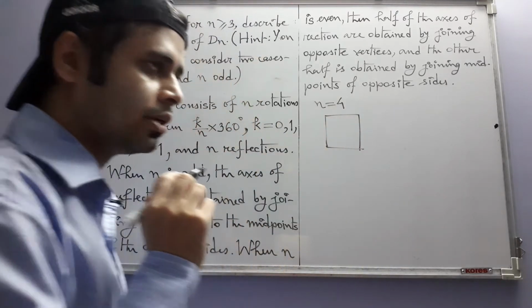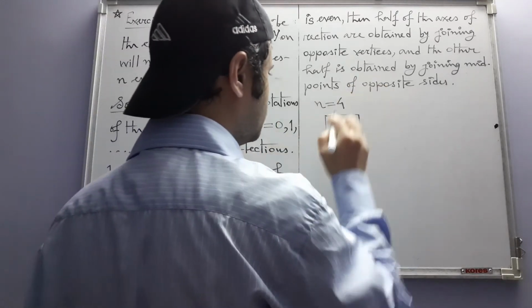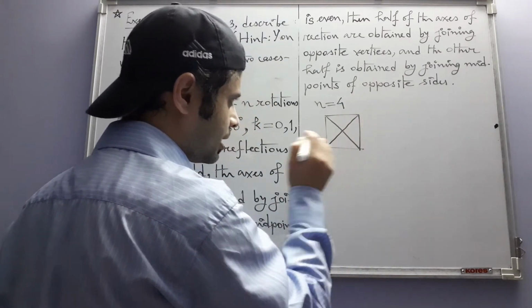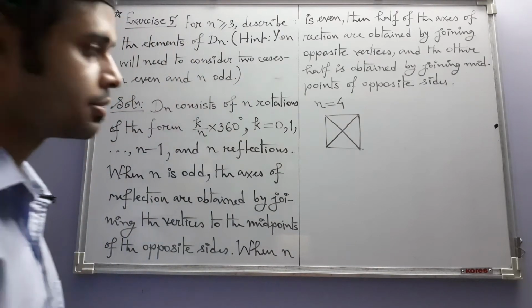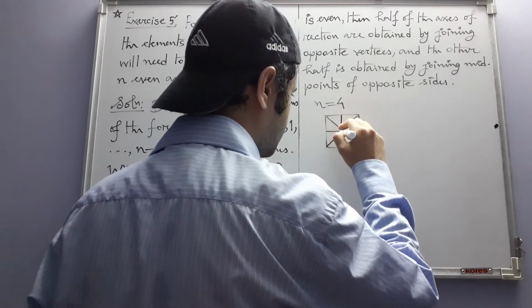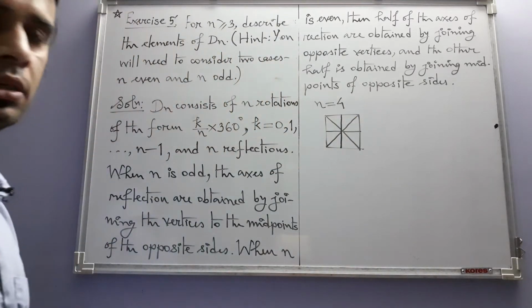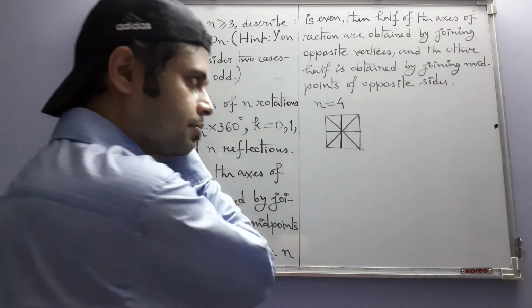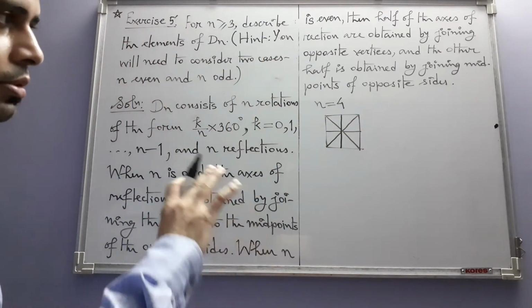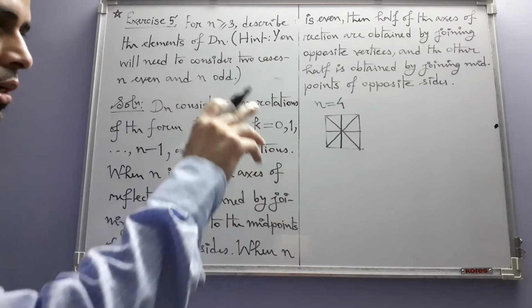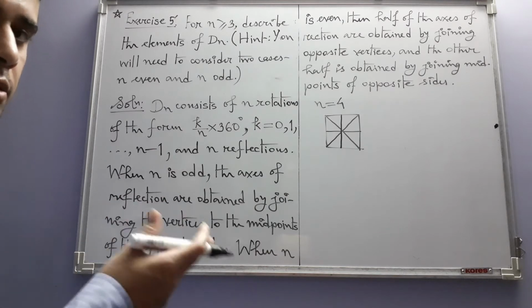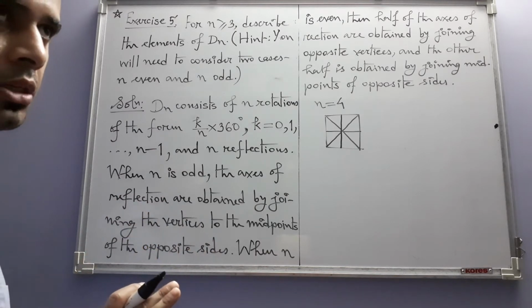Among the axes of reflection, two are obtained by joining opposite vertices, that is, the diagonals, and the other two are obtained by joining midpoints of the opposite sides. Just like that, if you consider a regular hexagon or a regular octagon, the same thing will continue to be true.